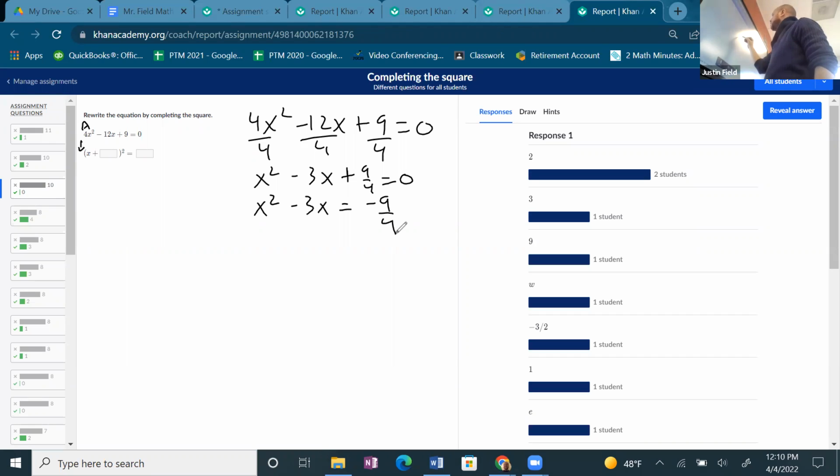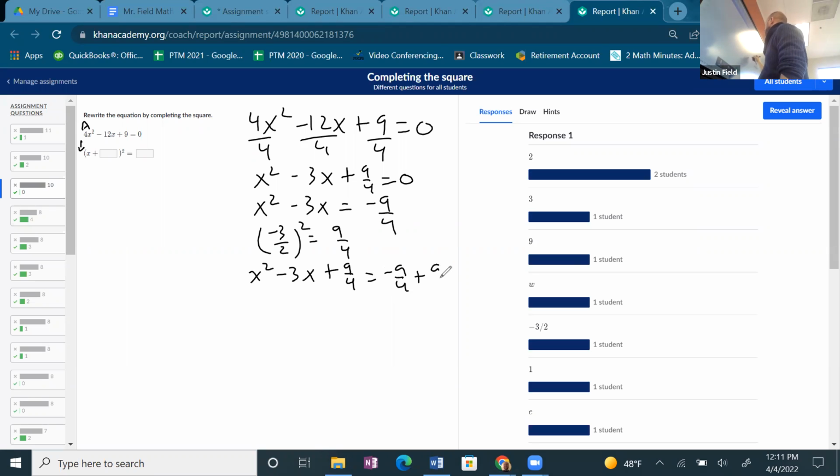Now we're going to divide our b by 2 and square it. That's 9/4. We're going to add 9/4 to both sides. So x squared minus 3x plus 9/4 equals negative 9/4 plus 9/4.